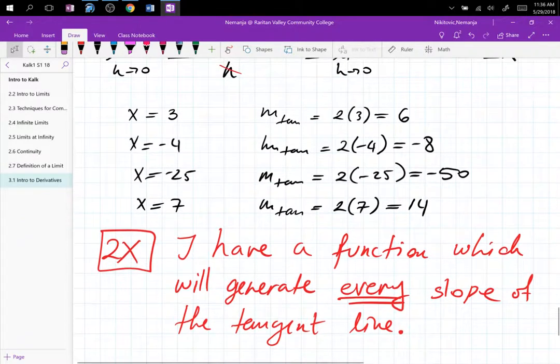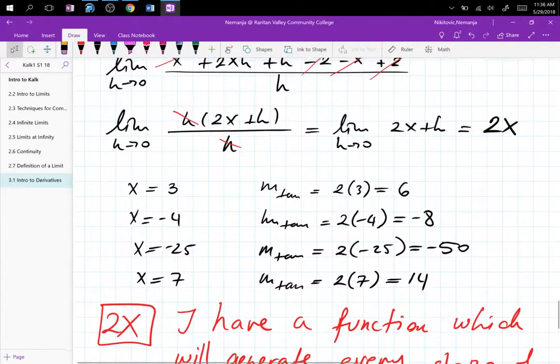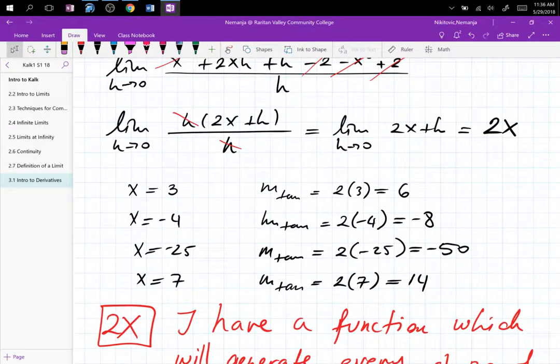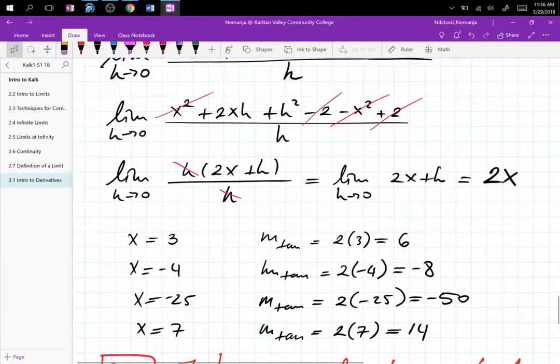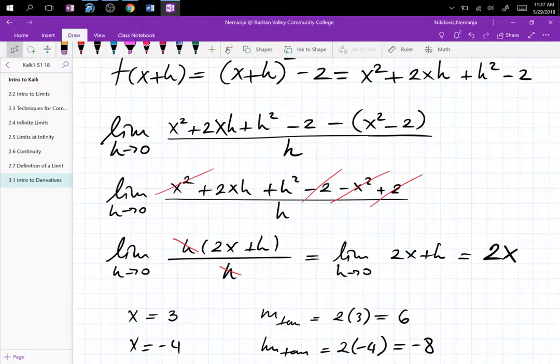So I have a function that will generate every single slope of the tangent line, and that function is 2x.